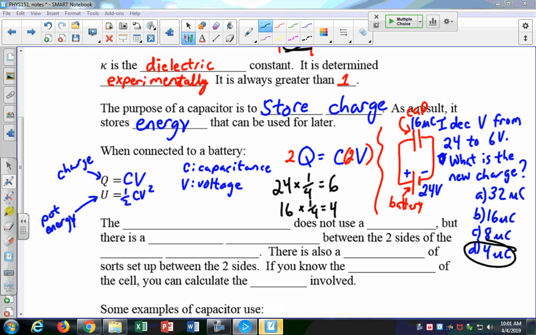Okay, so the sodium-potassium pump does not use a capacitor. It's not a capacitor that we would use in a circuit, but there is a potential difference between the two sides of the cell membrane.